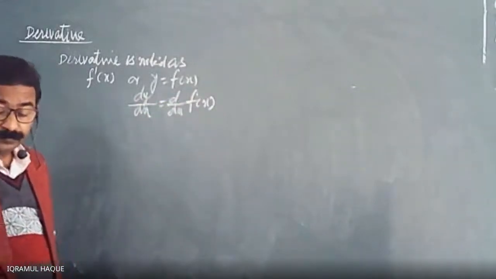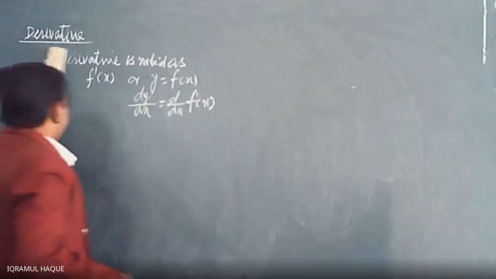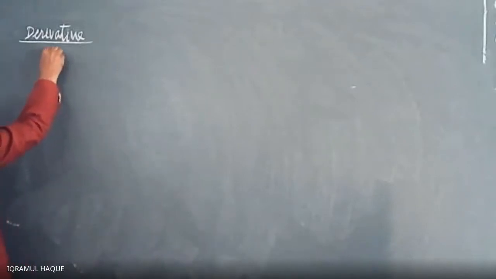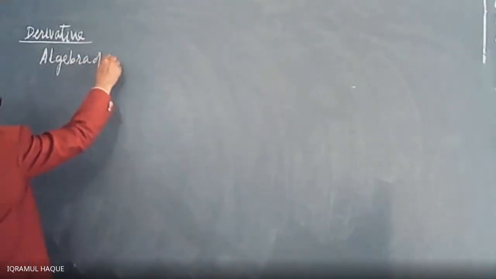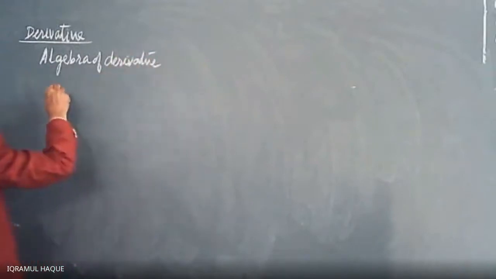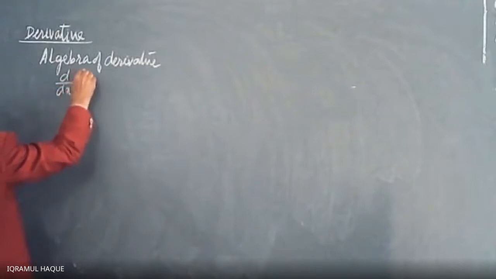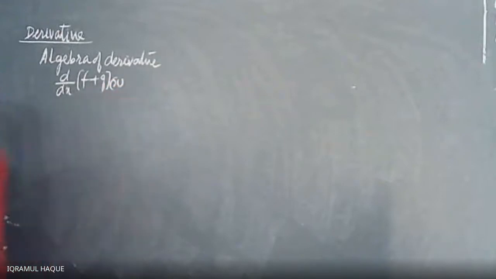Now we have algebra of derivatives. Suppose we are given d of dx of f plus g of x, the sum of two functions.